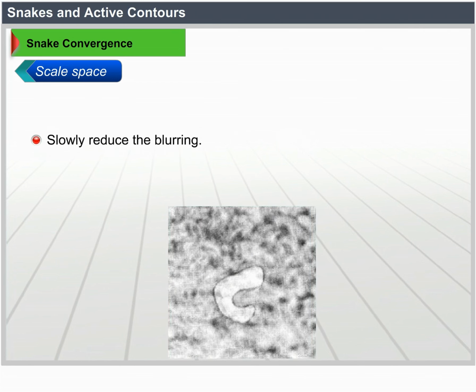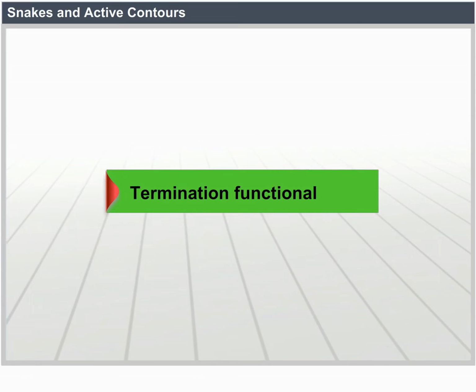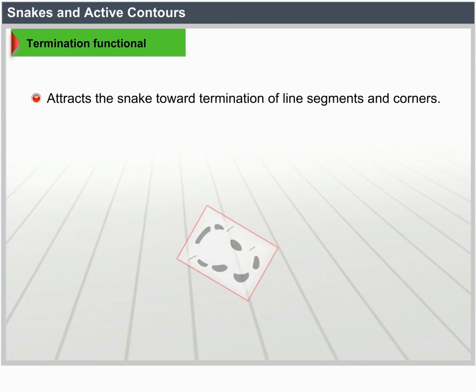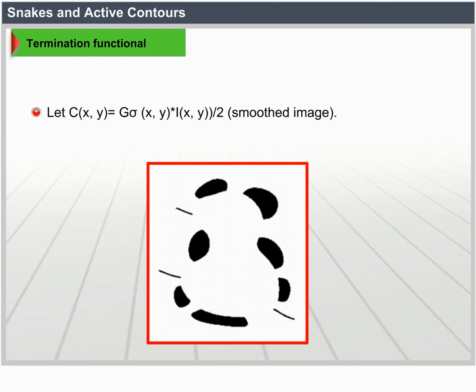Termination functional. It attracts the snake towards termination of line segments and corners. Let C(x, y) be equal to G_sigma(x, y) convolved with I(x, y), the smoothed image.